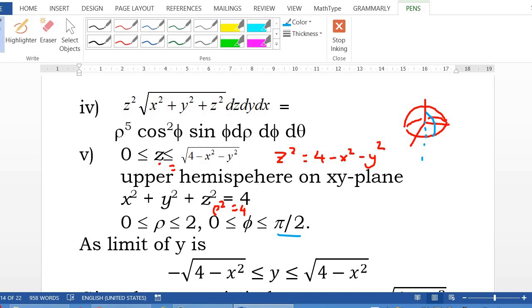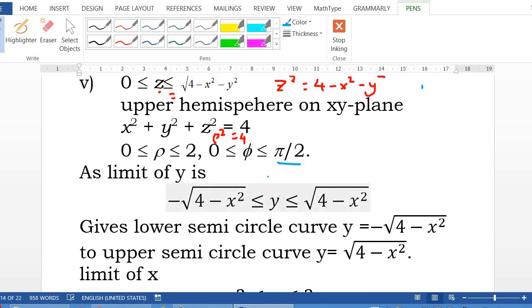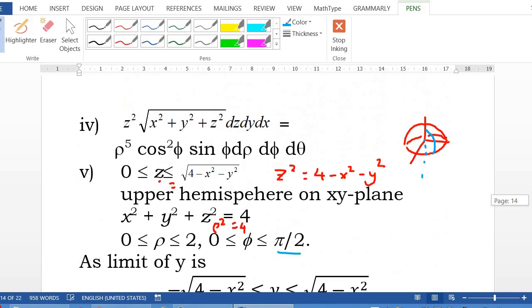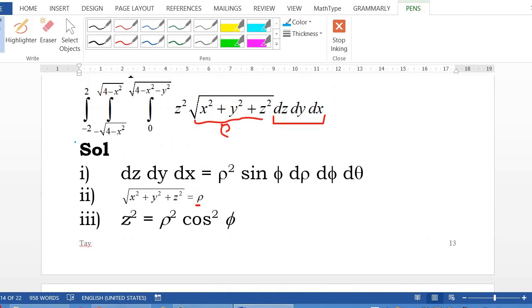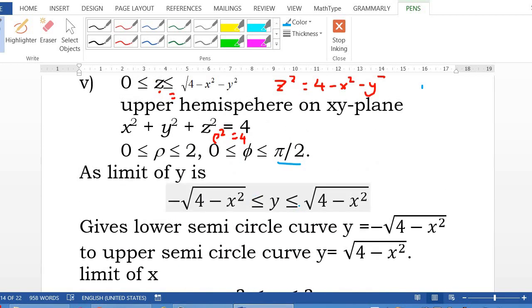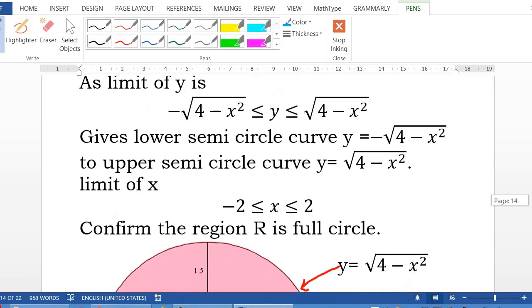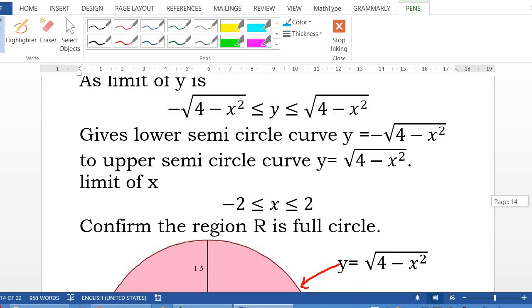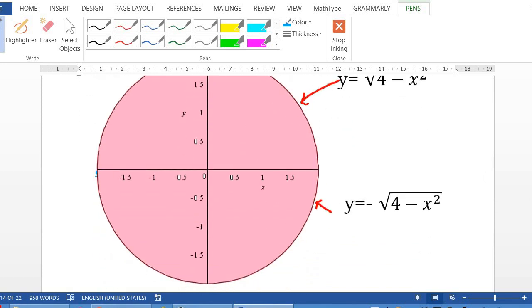How to get the limit for theta? From the integrand, the limit for y is from negative square root of 4 minus x squared until positive square root of 4 minus x squared, and x is from negative 2 until positive 2. The lower limit of y is y equal to negative square root of 4 minus x squared.